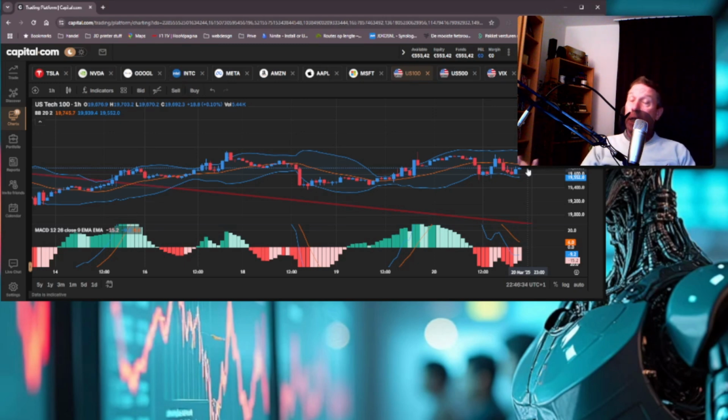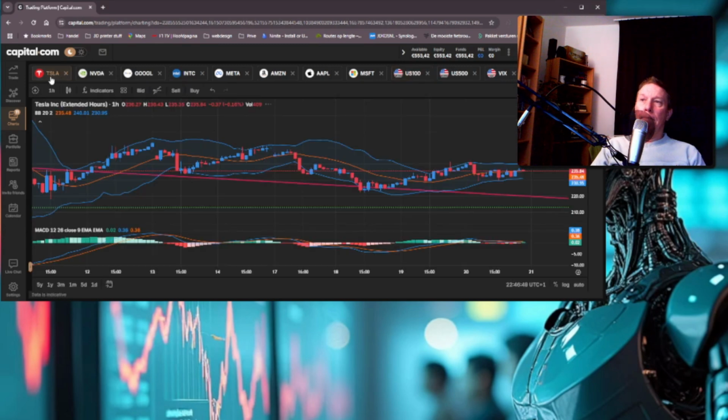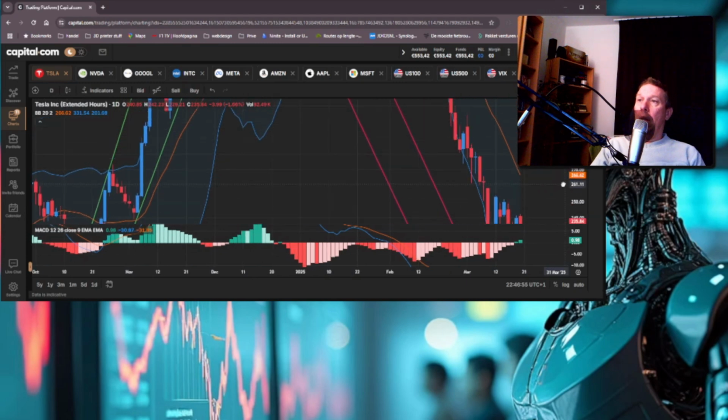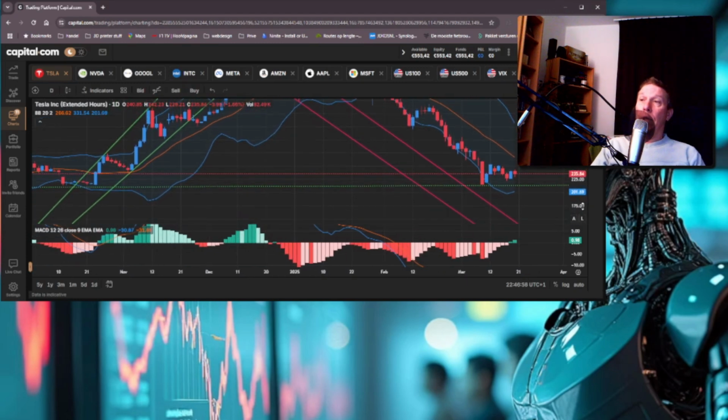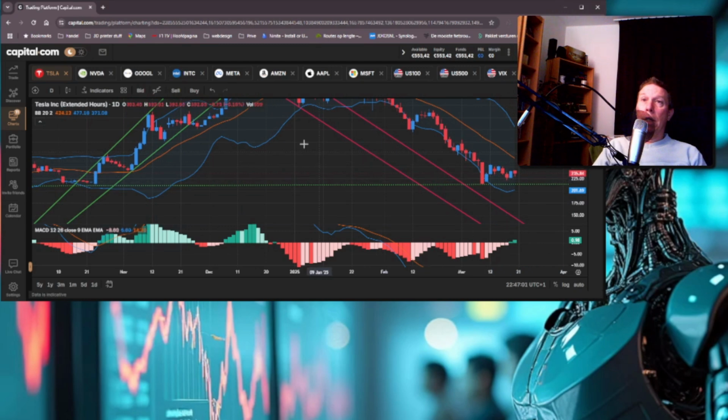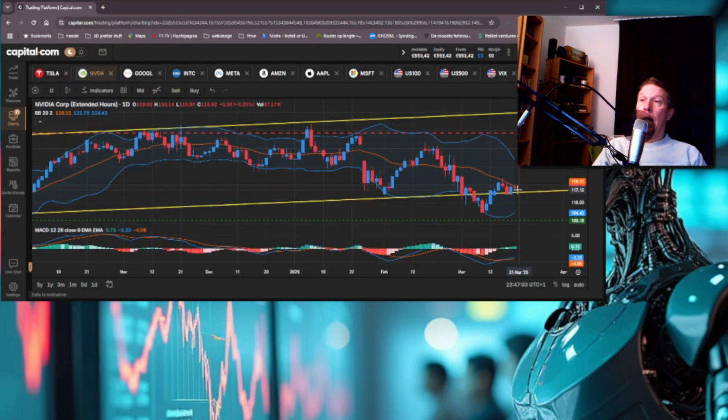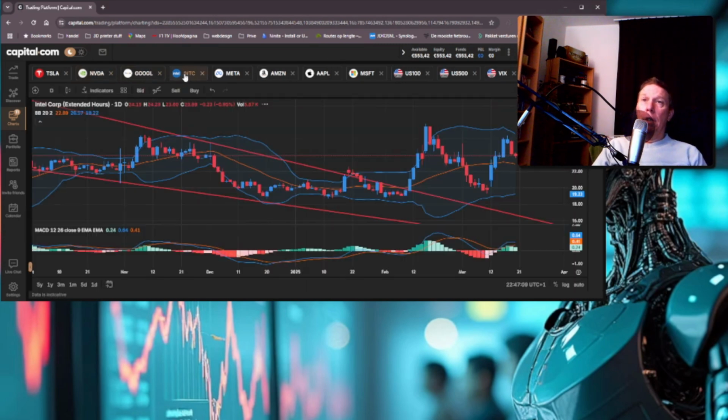As expected, like I said yesterday, we have not much to do as long as there is no clear direction in the United States. What will we do? Taking a look at Tesla for 1 day, I see Tesla had a red candle today after a blue candle yesterday, and Nvidia had a small red candle, Google a red candle, Intel a red candle after yesterday's red candle, a small red candle today.